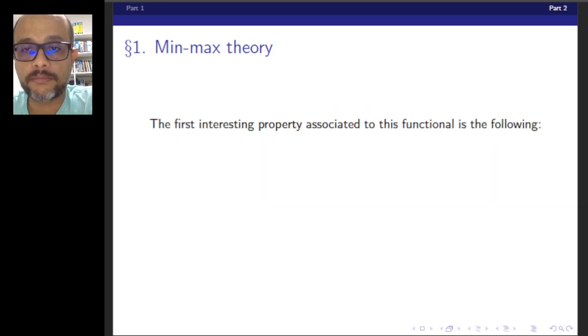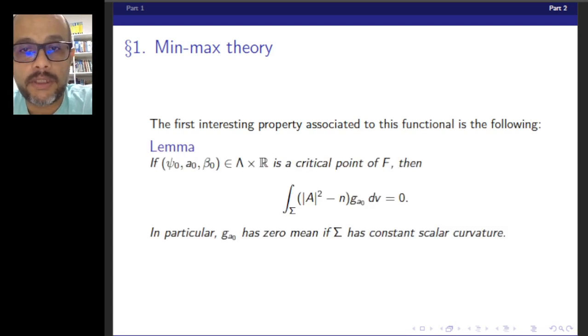So, the first interesting property is the following. If you have a critical point of this functional, then the integral of this expression, the norm square of A minus n, all this expression times G_A naught, such integral is equal to 0.